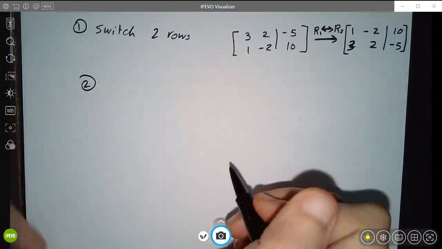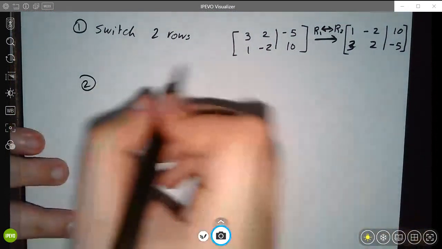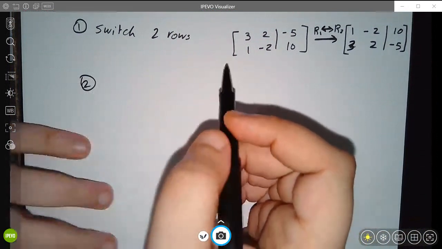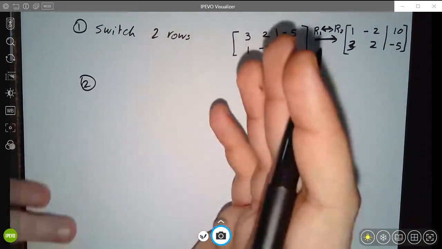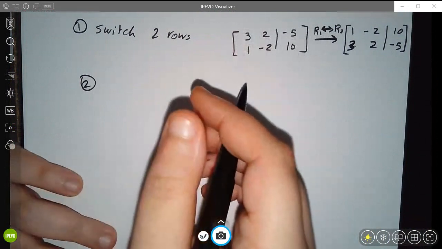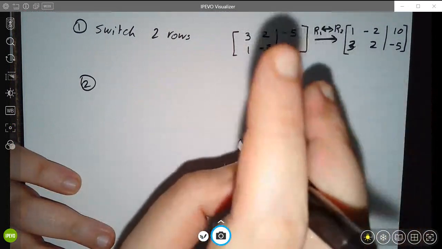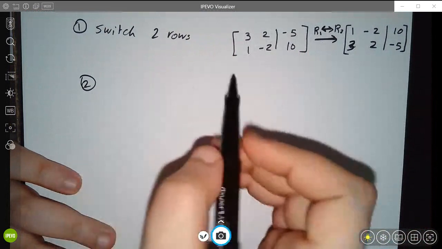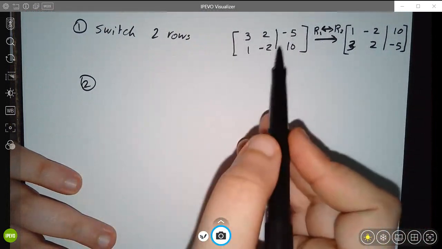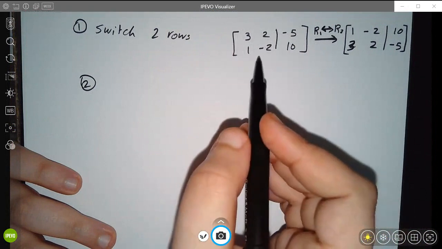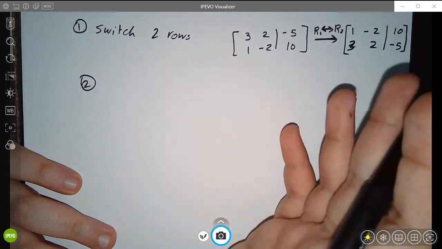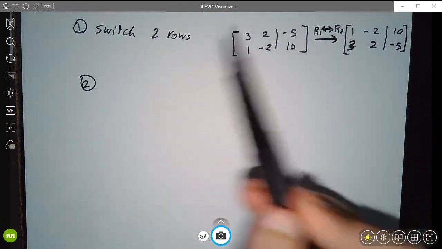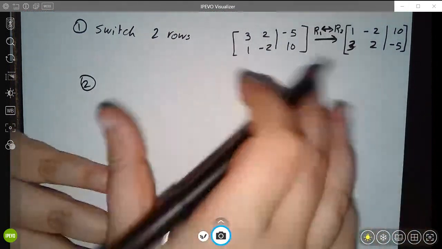The second operation is the multiplication. Now, when you multiply, you are going to multiply by the row. What is the point of that? To solve the matrix. So these are the operations you're going to use to manipulate the numbers on the inside into giving you zeros. That's how you solve it. Does that make sense? And we're going to get to that part in a minute. But these are the operations you're going to use on the matrix.